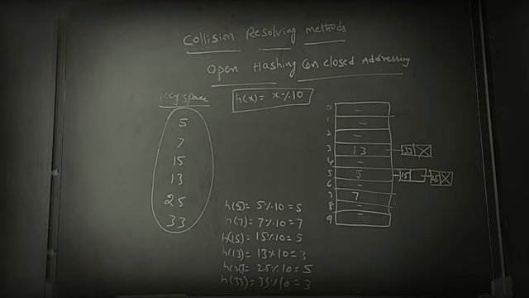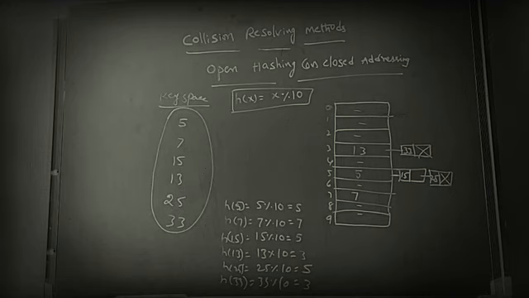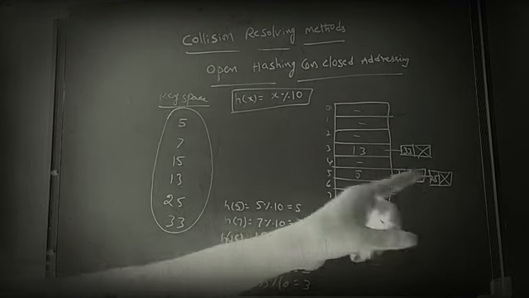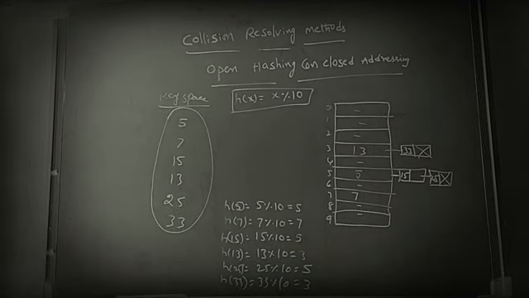These are the major problems in open hashing, the chaining process. Why do we call it chaining or linked list? Because from the index point we can extend in the form of a linked list.